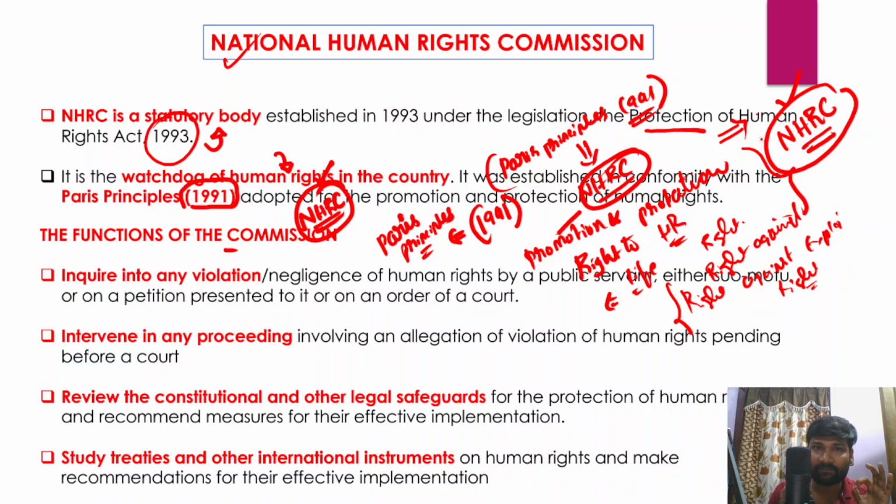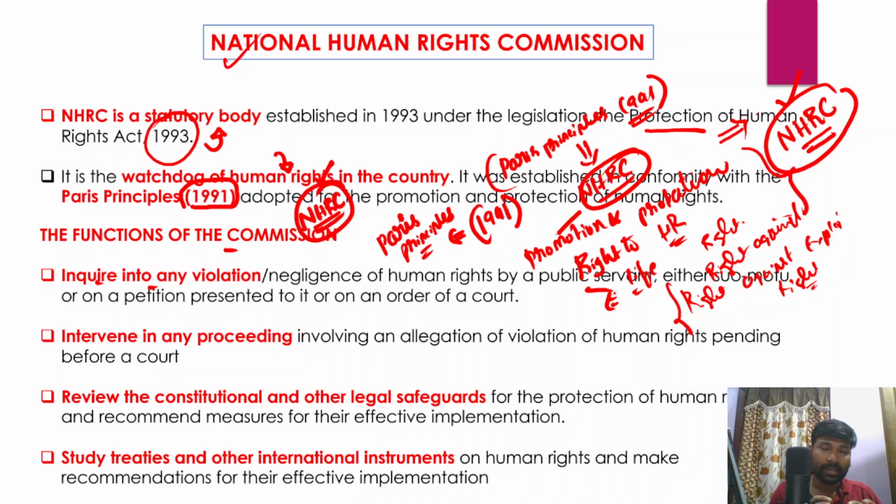Now we'll understand the functions of NHRC. What are the important functions that it performs? Whenever the National Human Rights Commission receives any complaint regarding violation of human rights, it conducts an inquiry into the violation of those human rights or negligence of human rights by a public servant or the administrative machinery.